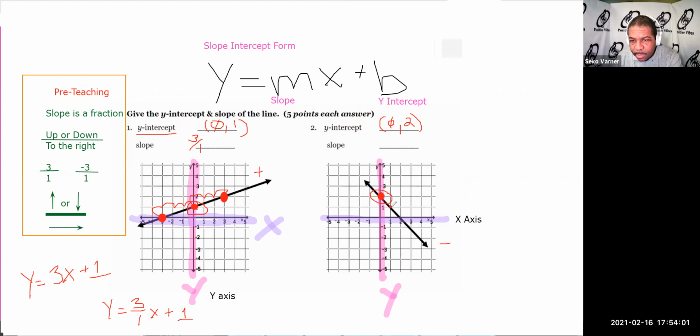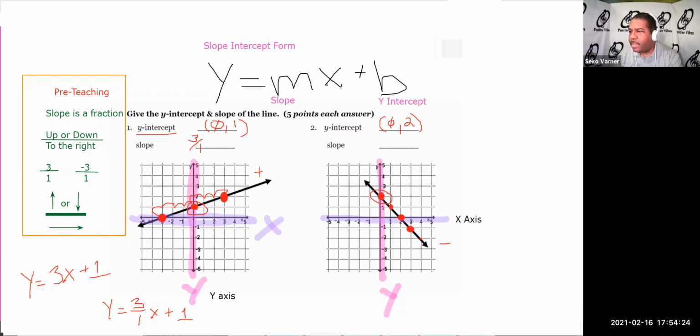Oh, here's a point right here. All right, so we found our other points where this line hits the up and down and the left or right lines perfectly. Good stuff.